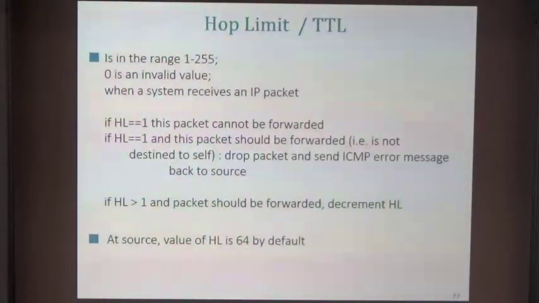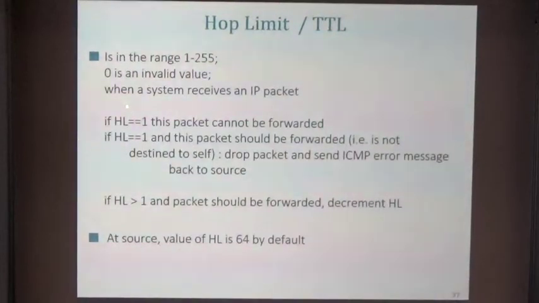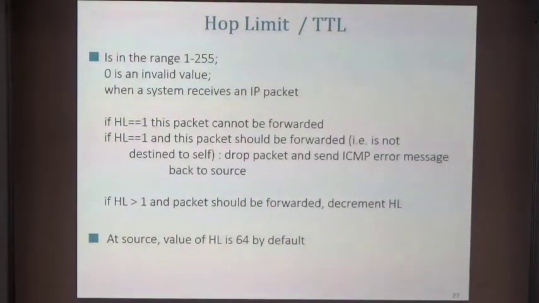It's an 8-bit number, so it can be between 0 and 255. 0 is an invalid value. And when you receive an IP packet, you have to inspect this field and take a decision if it happens to be 1. So this field is always decremented as a packet is forwarded on the internet. When it gets 1, we're close to the invalidity, so the only good thing that could happen is if the TTL or the hop limit is 1, is you are the final destination.